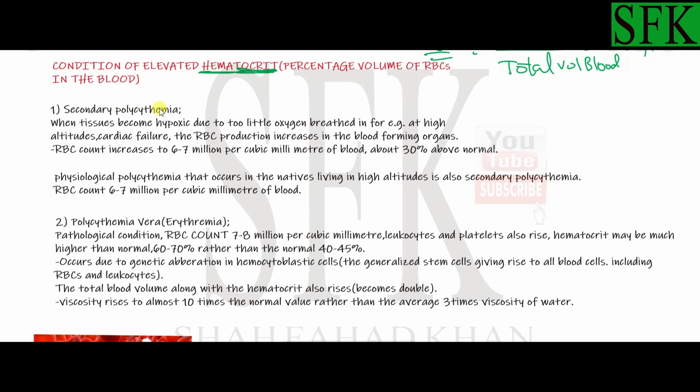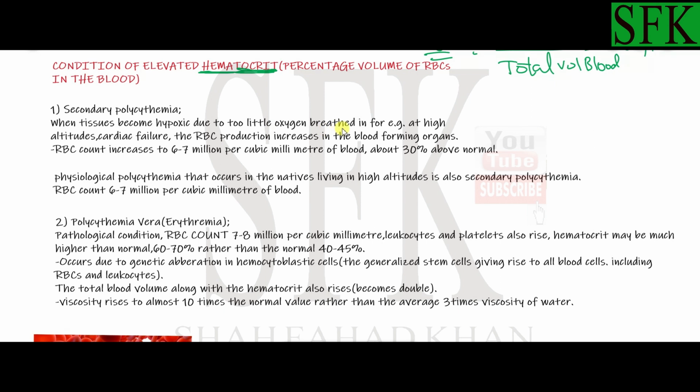Secondary polycythemia is actually a defense mechanism, or I should rather say it is a way in which the body adjusts its environment to get the maximum oxygen when the tissues become hypoxic, when the oxygen tension in the tissues decreases due to too little oxygen being breathed in.